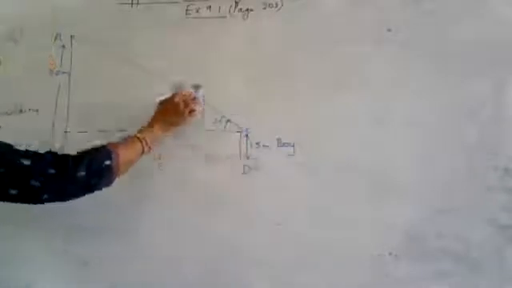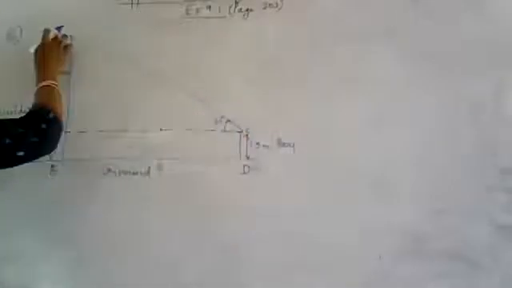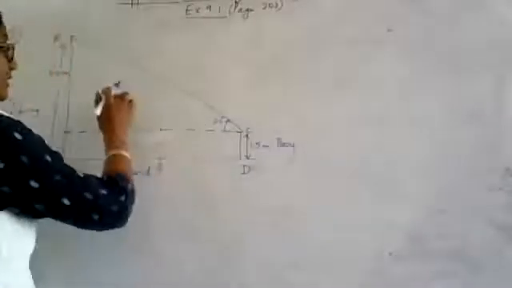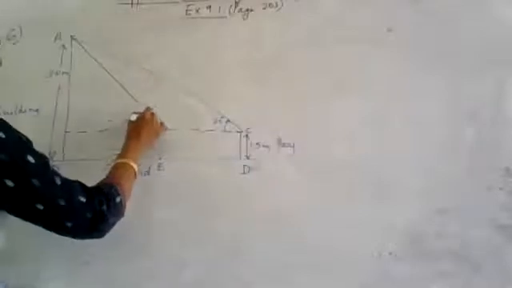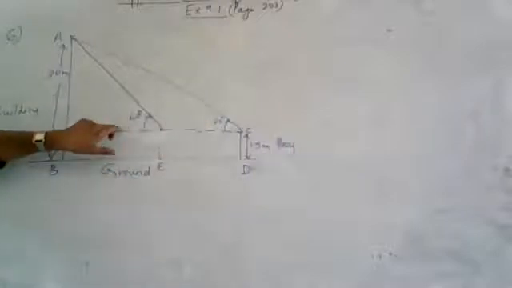From the eyes to the top, that is your line of sight. So this angle was equal to 30 degrees. Now when he moved to this new position, from here when he is seeing the top of the tower, the angle is 60 degrees. So from 30 degrees, it has become 60 degrees.